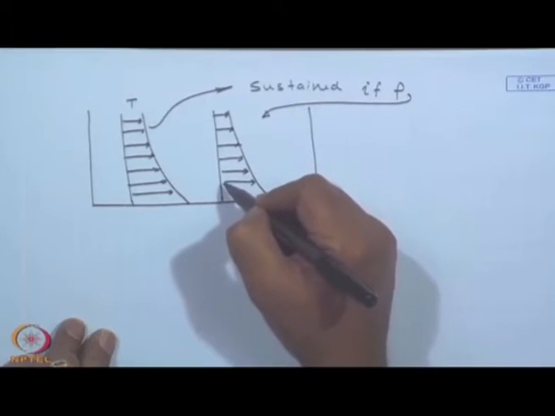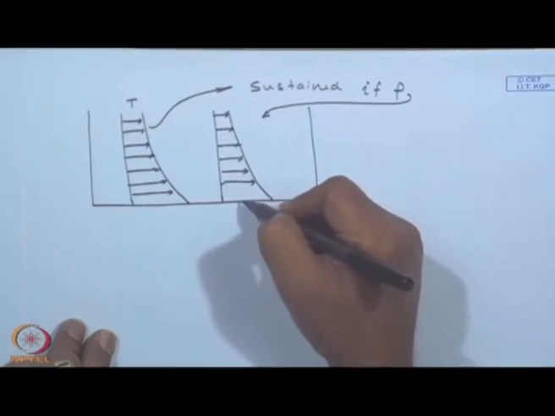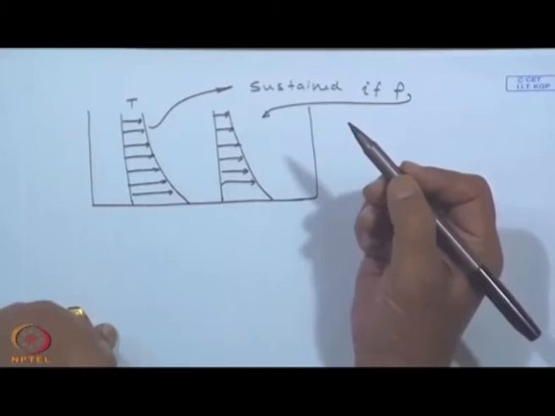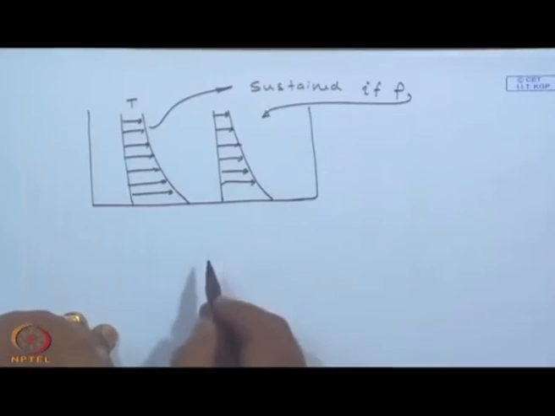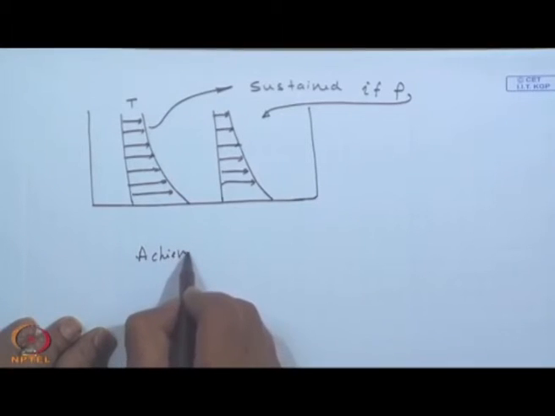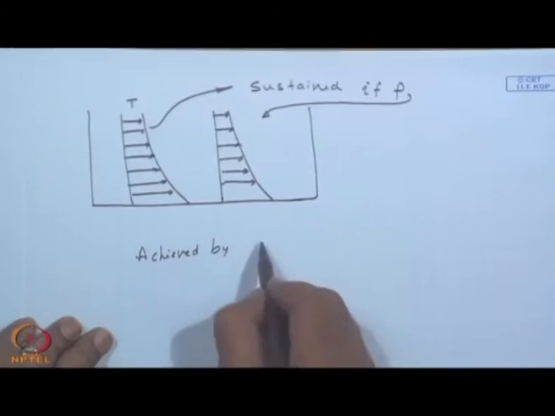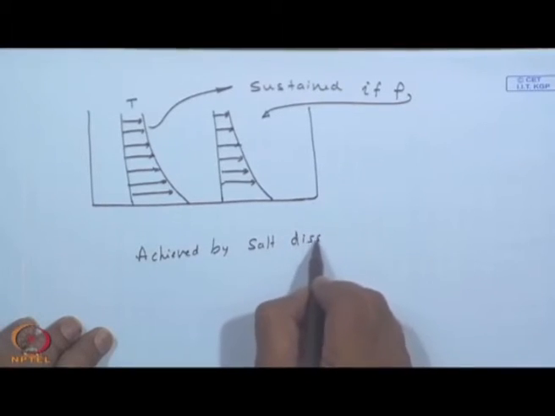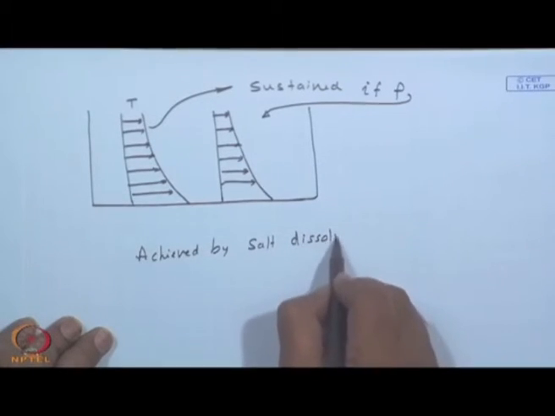So, I want a higher density fluid at the lower level, even though the temperature is higher. So, this is achieved by salt dissolution, dissolving.